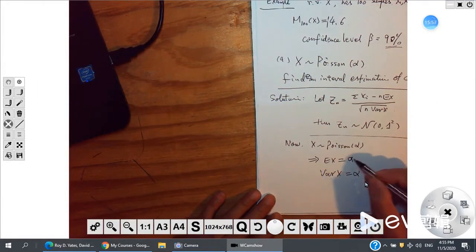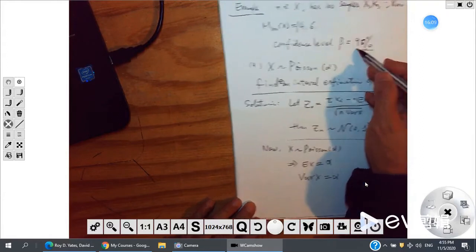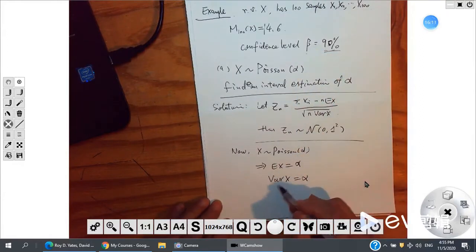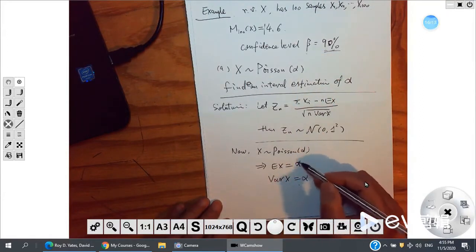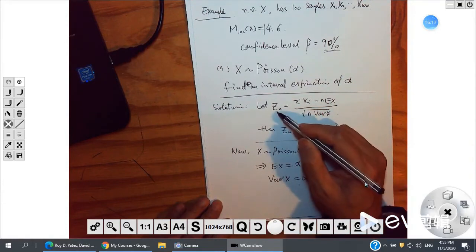These alphas are just alpha here. They are not the significance level, they are not the confidence level. Now we use beta for the confidence level. It is 90%. Then we have these two. Okay, then we can plug these in here. Then we have more details about Zn.